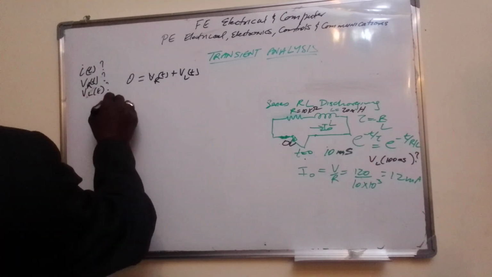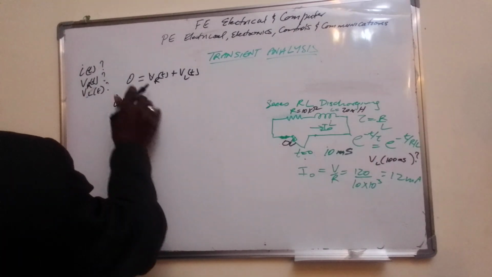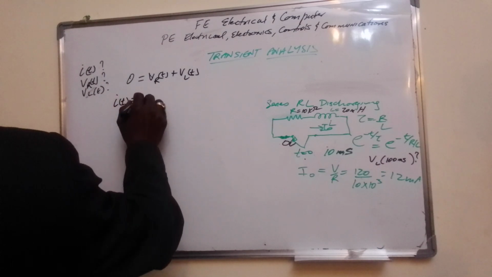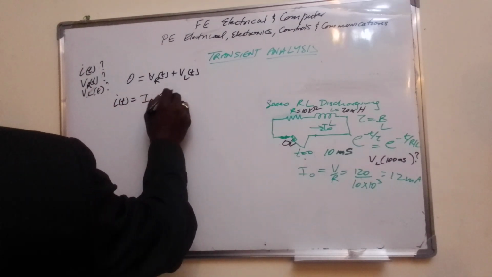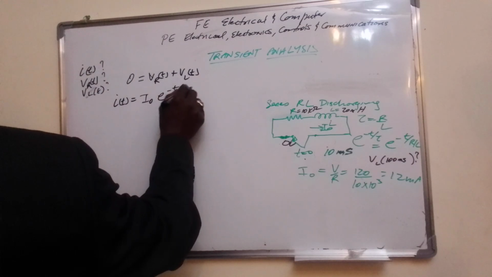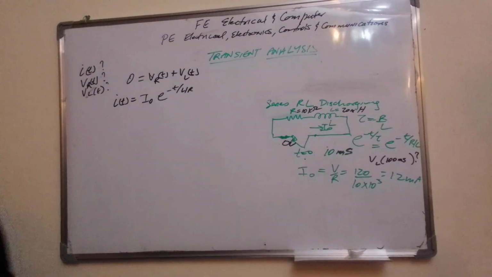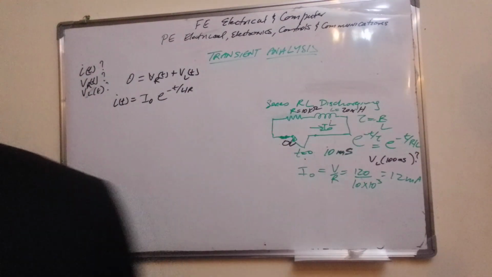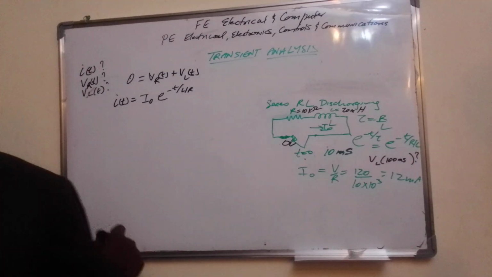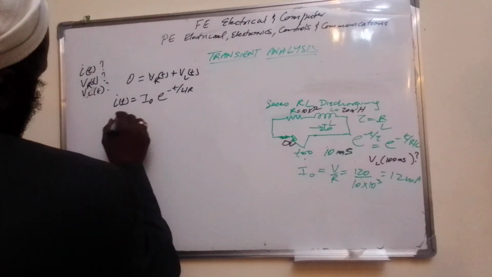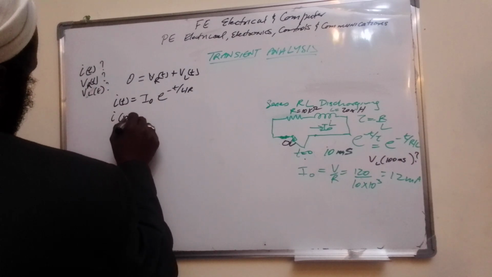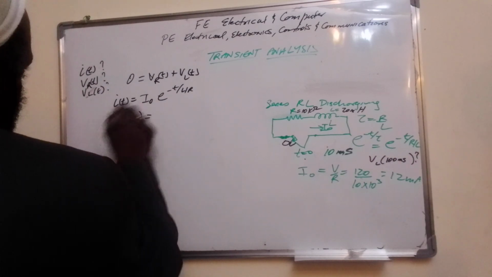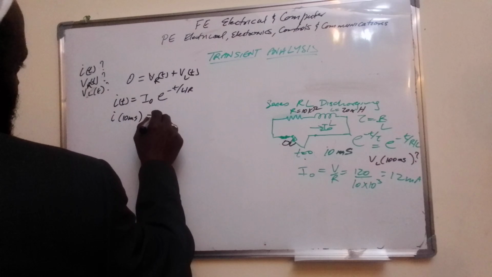In a discharging situation, I of t is equal to I sub naught e to the minus tR over L for this inductor and resistor series. So right away we could figure out what the current is going to be 10 milliseconds into this discharge.